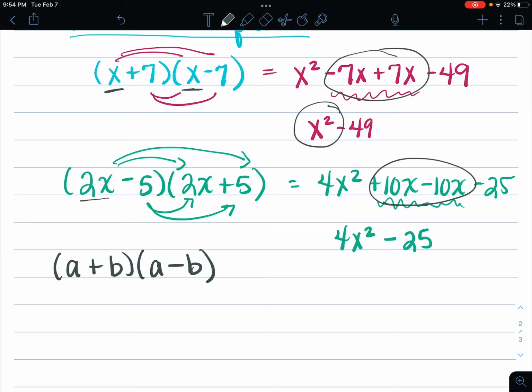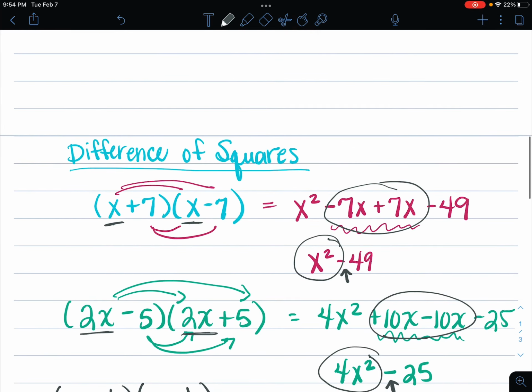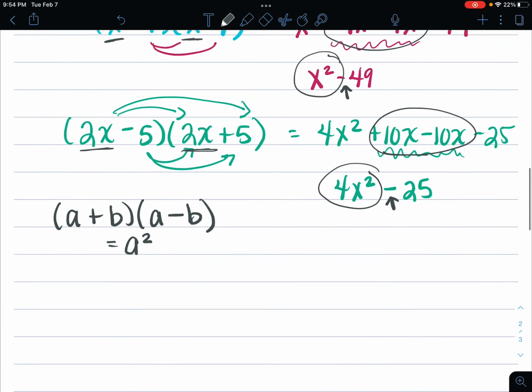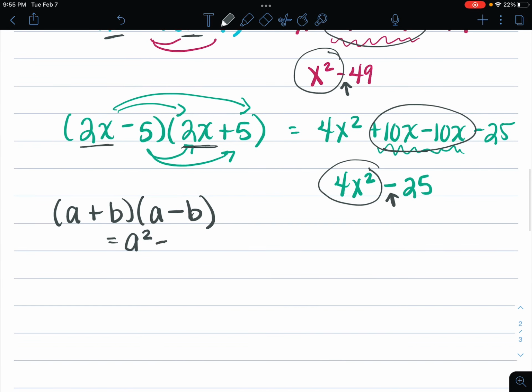Notice that your first term, x, of course, is squared, right? 2x here, 4x squared, so it's squared. So whatever my first term is going to be squared. Notice that both times the middle sign is a minus. That's why this method is called the difference of squares, because you're taking the difference.